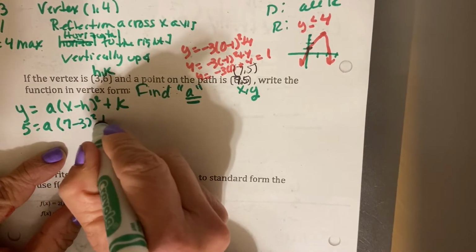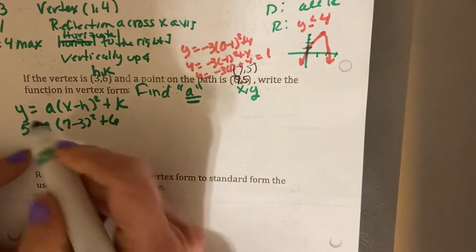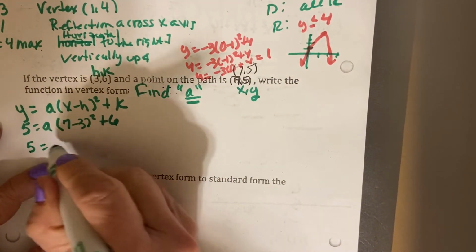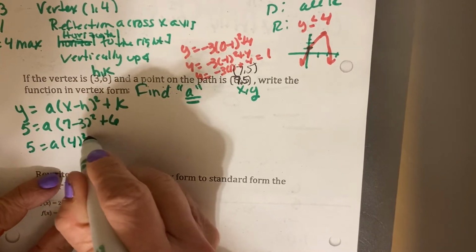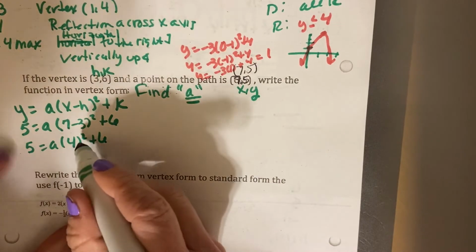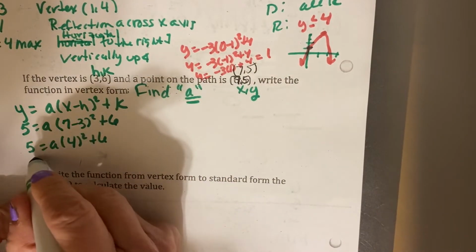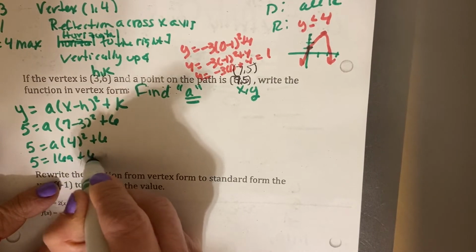And then my k value is 6. So I know every value but a. So then 5 is equal to a times 7 minus 3, which is 4, squared plus 6. I have to follow PEMDAS. And so now I have 5 is equal to 16a plus 6.